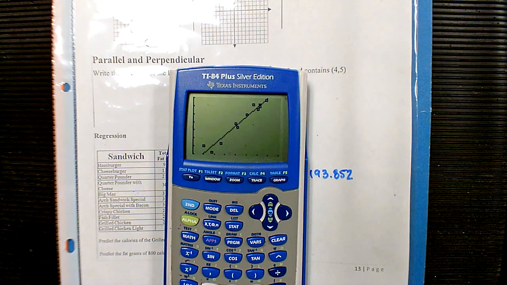We might be able to figure out certain things based off of this equation. They might not be accurate, because notice how some of these data points are slightly off from the equation, which means if you use the equation to answer questions, your answers might be slightly off from the actual, but it's a way to predict or estimate information.